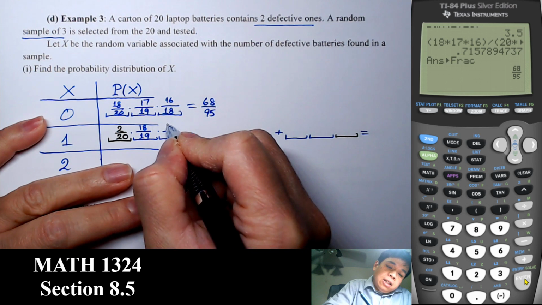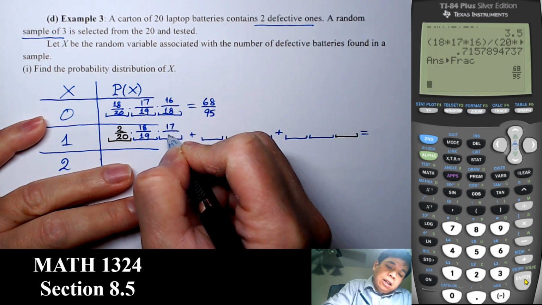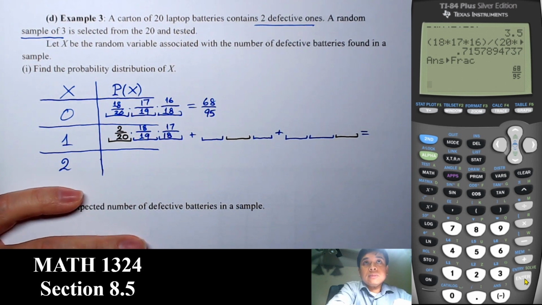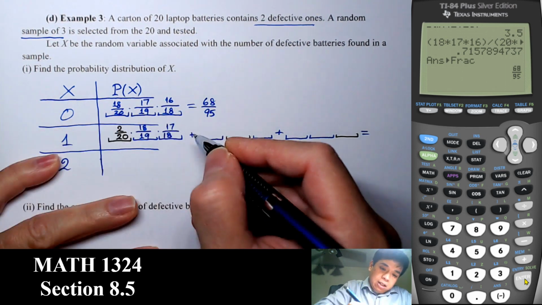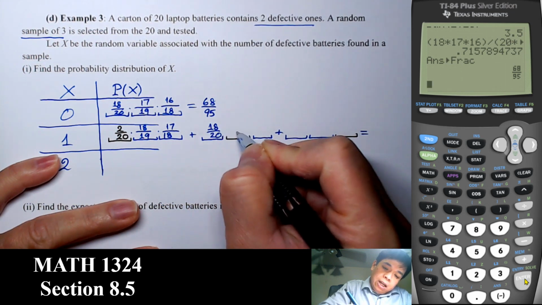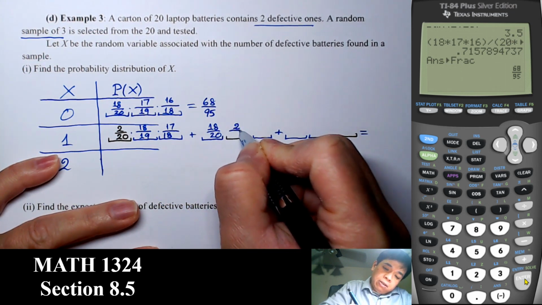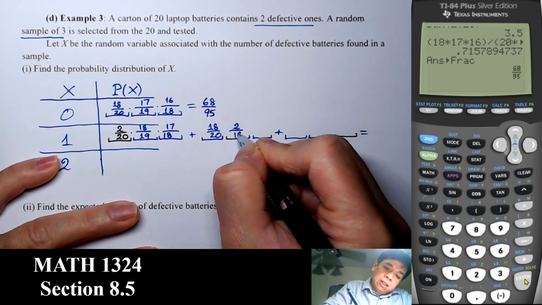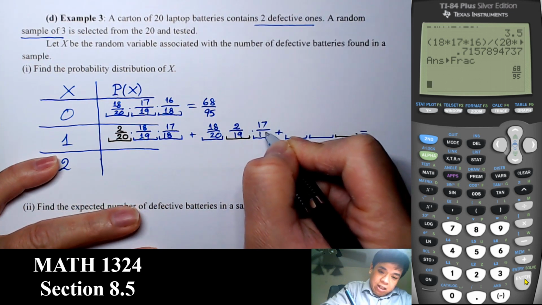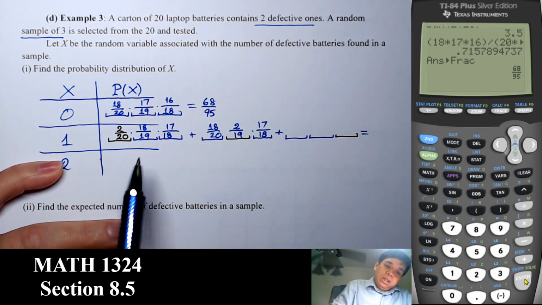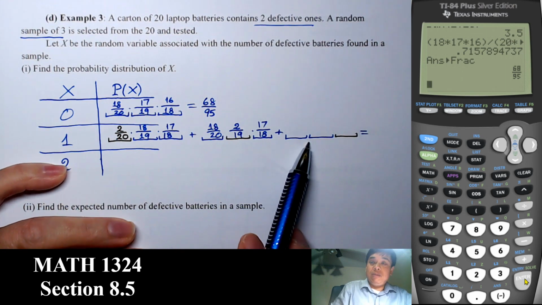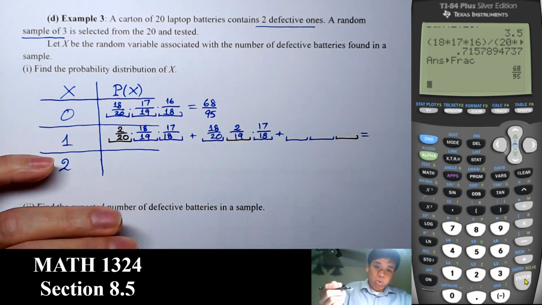And there are 17, out of 18. Alright, next. There are 18 that are good out of 20. And there are 2 defective out of 19. And there's 17 good ones out of 18. You see the bottom is all the same, the top is all the same, so all of these 3 are the same. So pretty much we do one of them and multiply by 3.